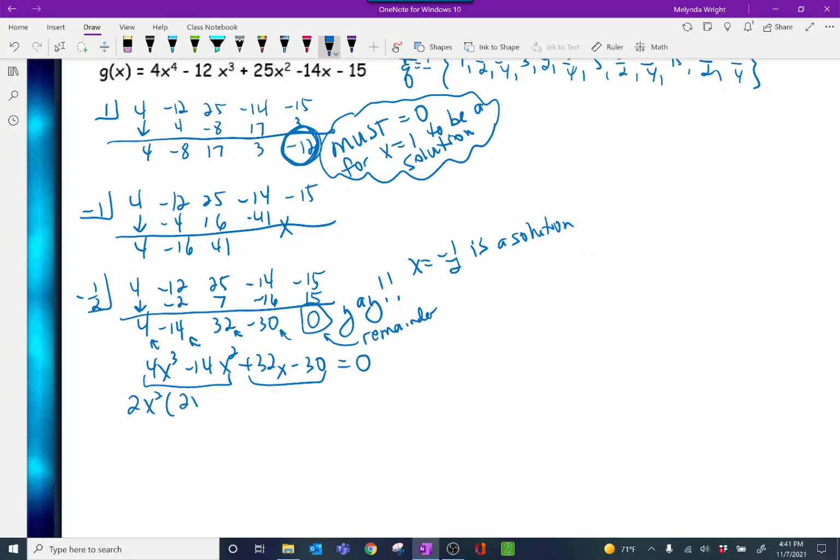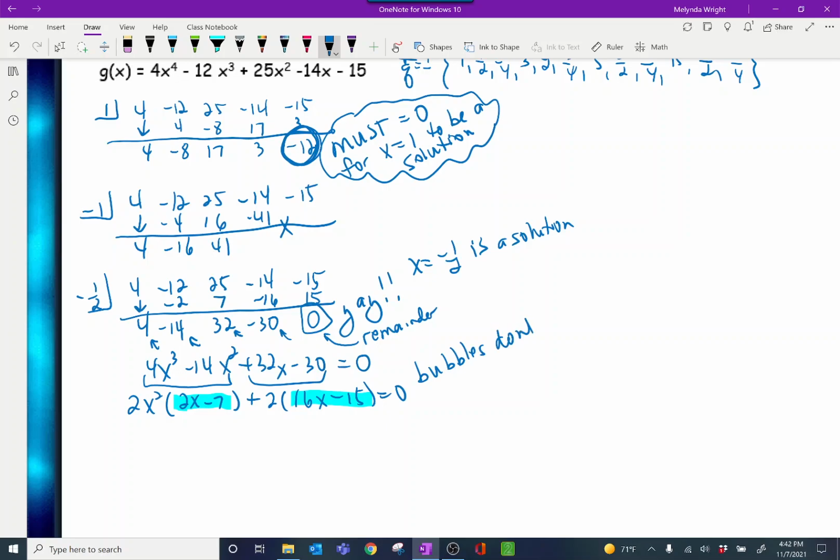That would leave me 2x minus 7. The greatest common factor in the second two terms is, let's see, 2? And that leaves me 8x minus 15. Oh, that's kind of a bummer. The bubbles don't match. So I can't do that.